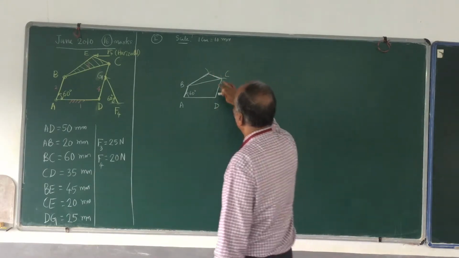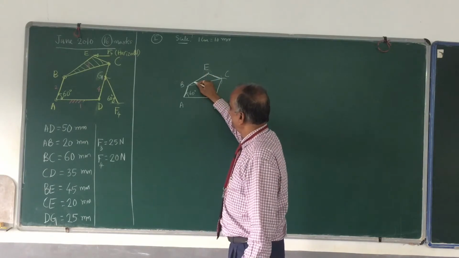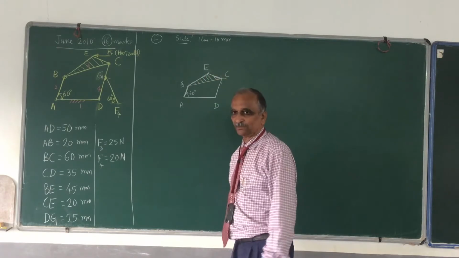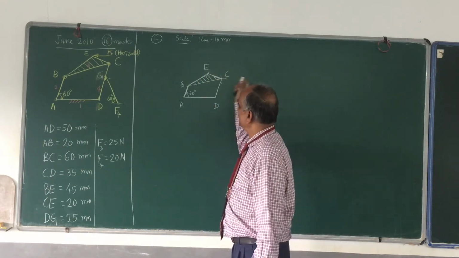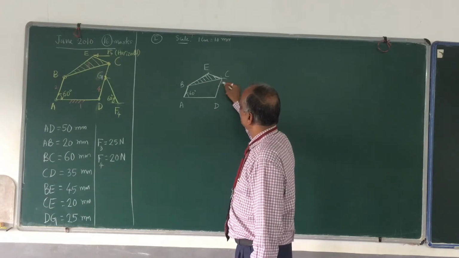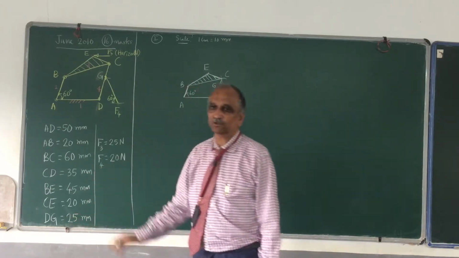Now I shall name this as E, and I shall hatch it to indicate that this whole thing is one link. I shall also mark point G, by knowing the distance DG equal to 25.